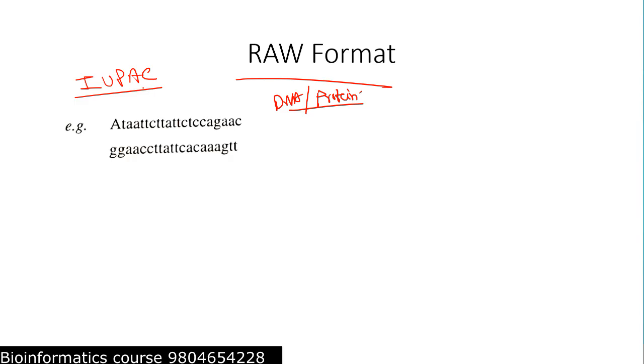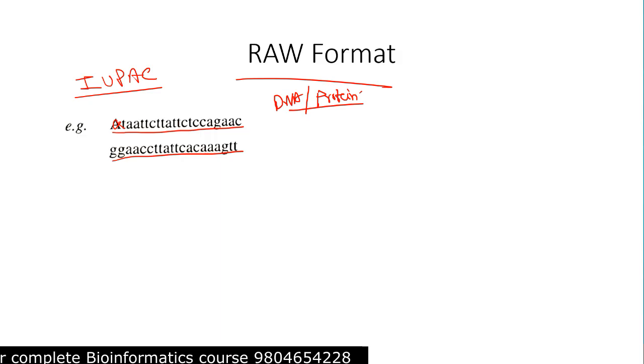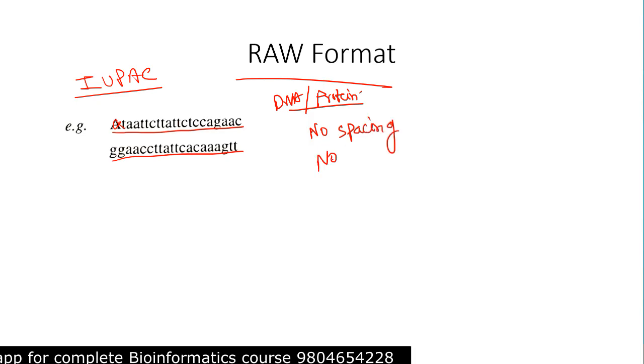There is no digit, no space. So basically continuous writing like that. Start with A, small a should be there, AT, whatever it is, G. So these are all nucleotide sequences. These are raw format, no spacing, remember that, and no number digits.